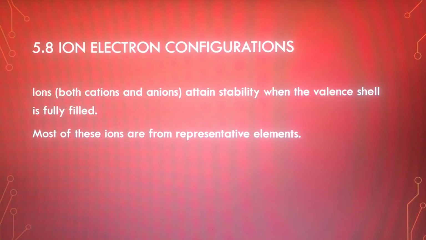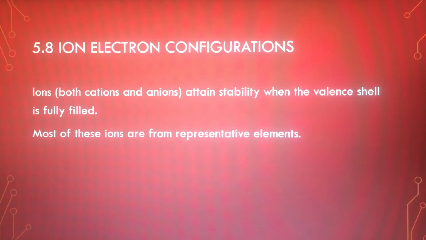So these ions attain stability when the valence shell is fully filled. When the valence shell is fully filled, it also has the same electron configuration as the noble gas elements.